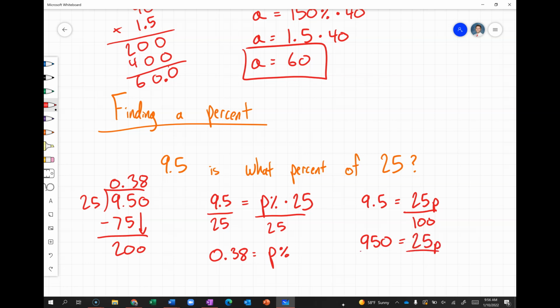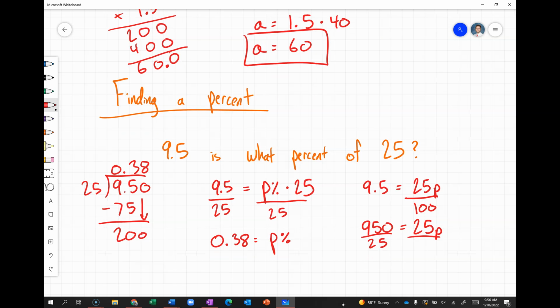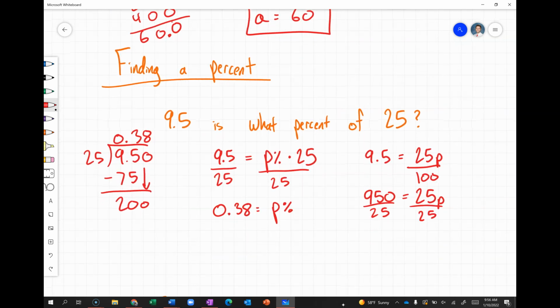And then we divide both sides by 25. And you would get once again 38. So 38 is equal to P.